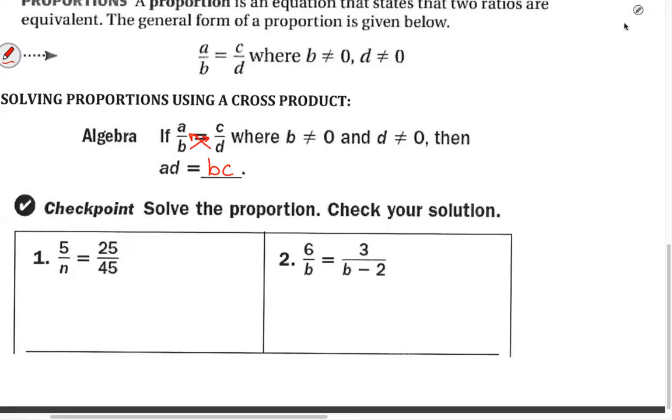Ready, Kimmy? N times 25, 25N equals 5 times 45. That's 225. I know. Do you see what's happening?